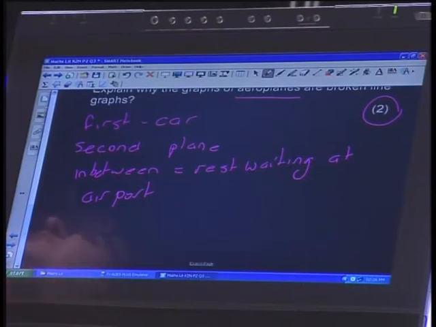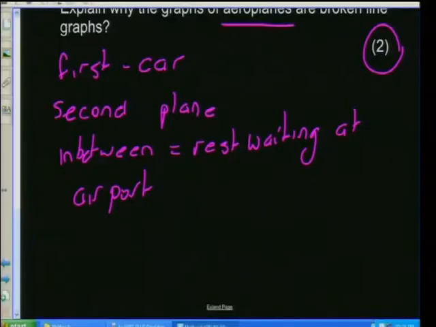It doesn't have to be overly emphasized. As long as your examiner can understand your train of thought, they can allocate marks to you. But don't go on and write 3 pages explaining a 2-mark question. Let's see what the next part of the question is.